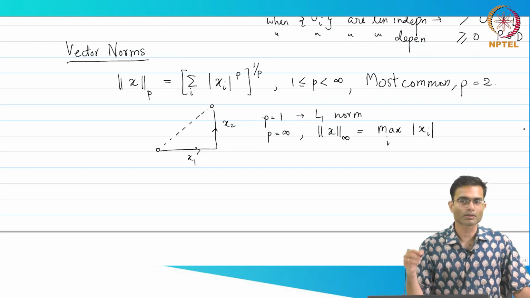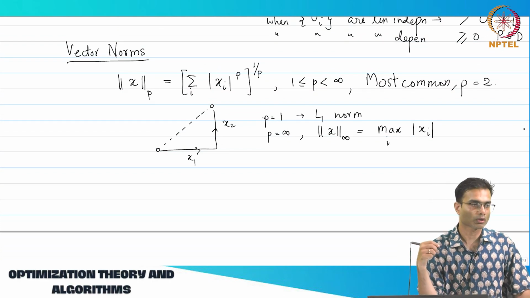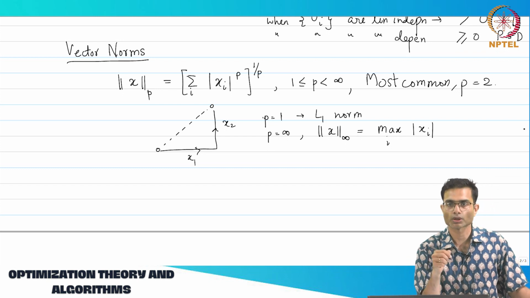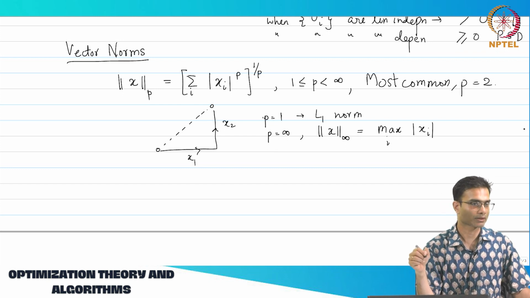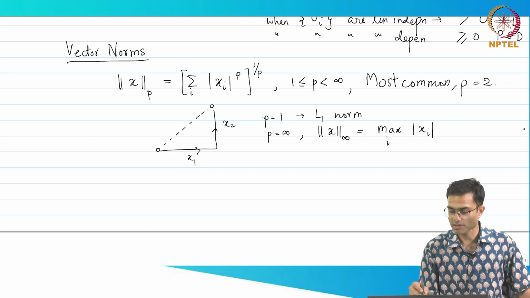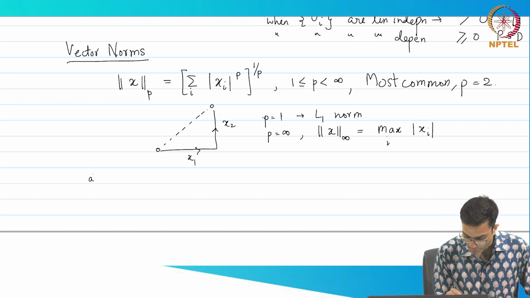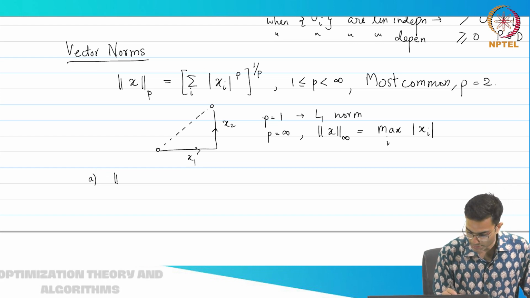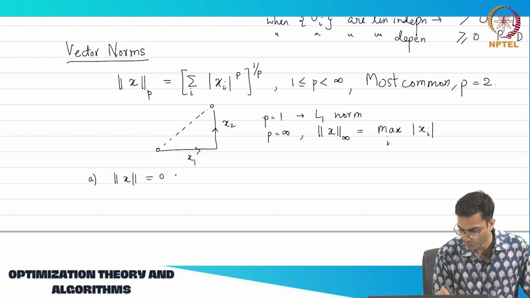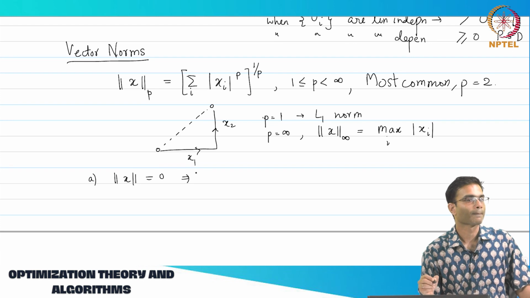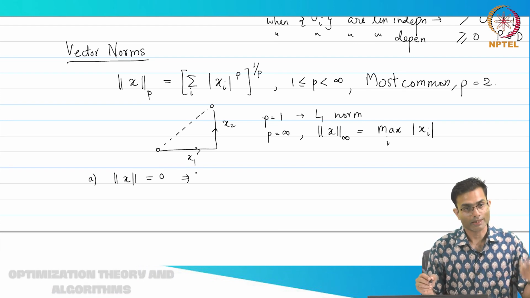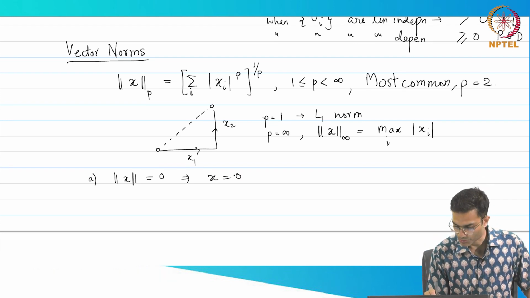Okay, so there are certain requirements of a norm which we'll just note down, and they are very, very basic, which is what in fact prevents p from being less than 1. So I'm going to just note down those properties. They're quite intuitive. The first property is that if the norm of a vector is equal to 0, then it can only happen if the vector itself is equal to 0.